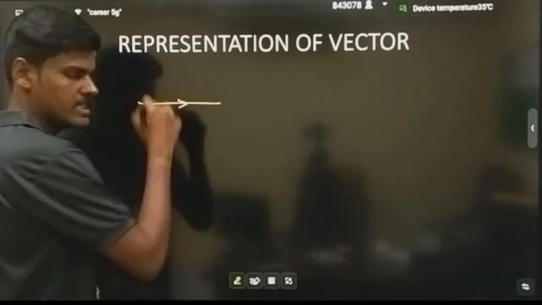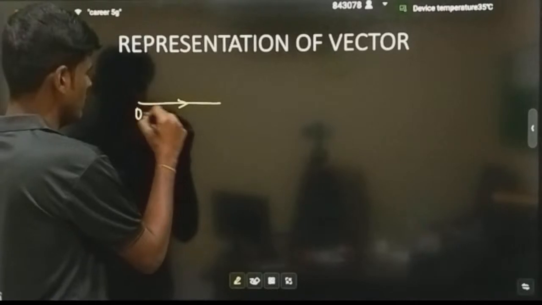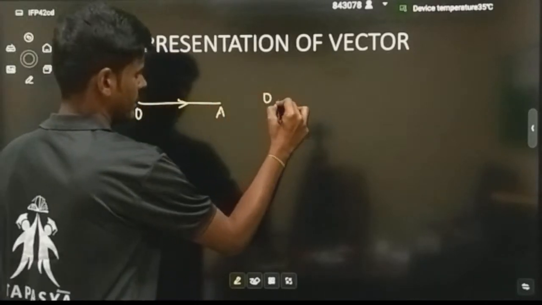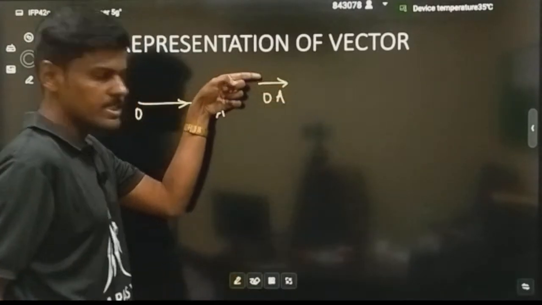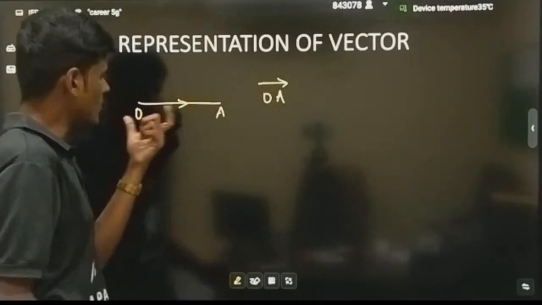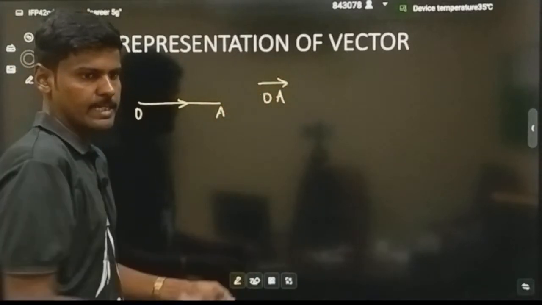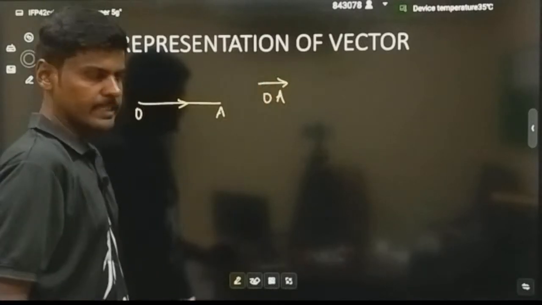So let's give the direction of this line, and let the magnitude be OA. Now this can be written as vector OA, where the direction is from O to A. Always above OA we write a line with an arrow mark, and that gives the vector OA. A vector is represented like this.